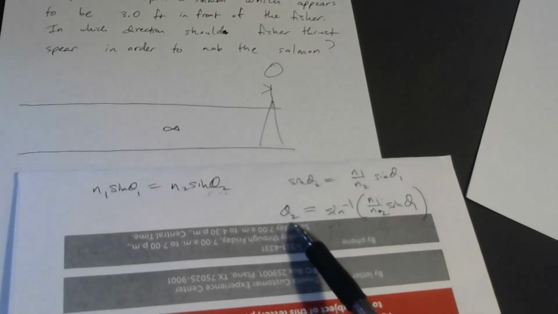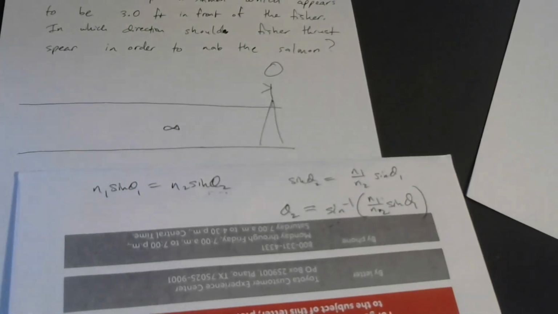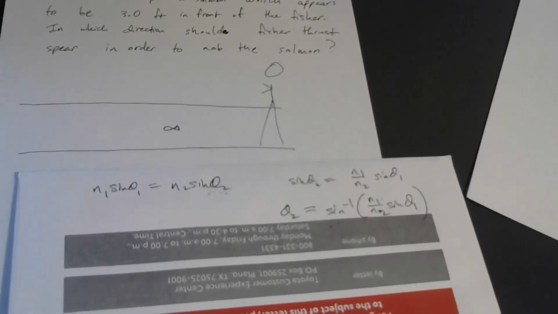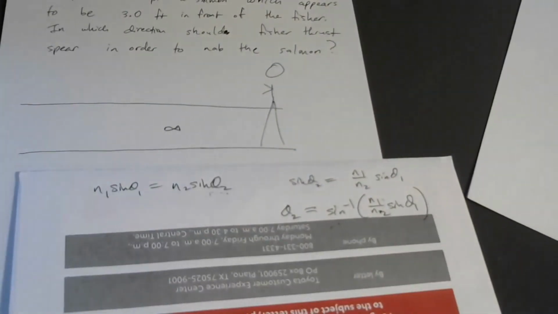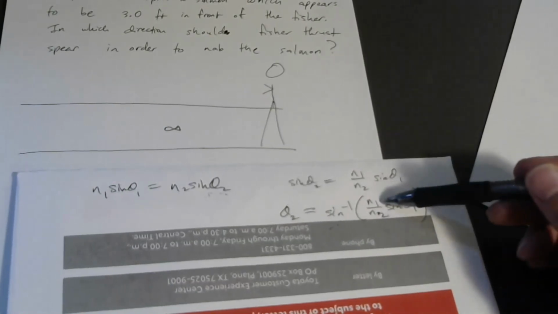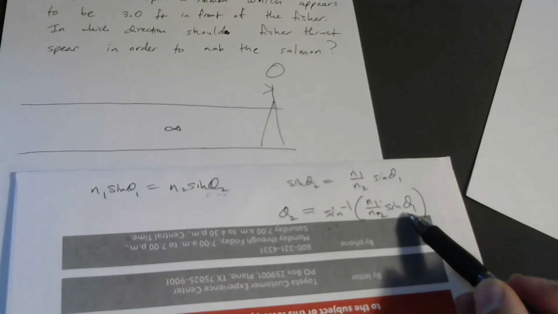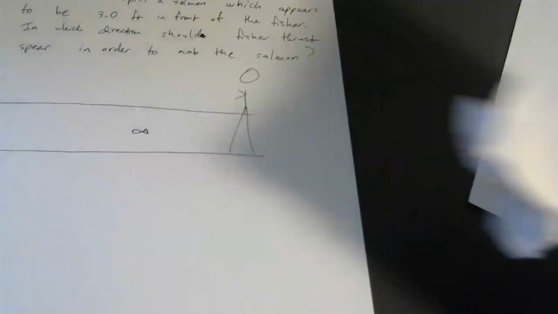And when you go to take the arc sine, you're going to find that theta 2 comes out bigger than theta 1. So as a general rule, and this is in your book, of course, you should try to memorize, if light is going into a medium where the index of refraction is lower, if n2 is lower than n1, then the angle with the normal will increase, which means that the light's going to bend away from the normal.